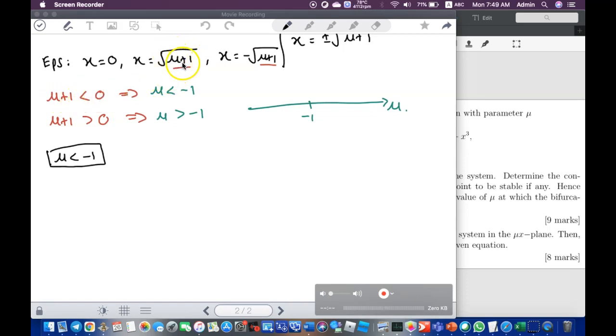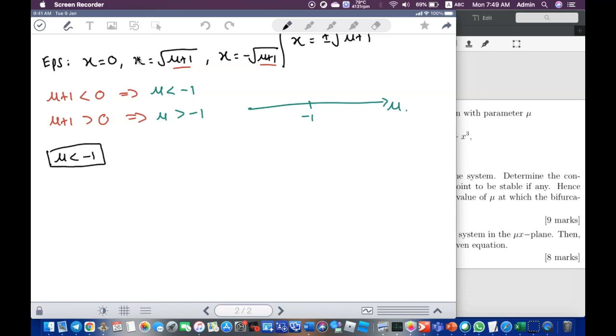So if this one is negative, we will get an imaginary number, which is not real. So meaning that for this, our equilibrium point is just x equal to 0. Whether you call it fixed point or equilibrium point is up to you. So our fixed point or equilibrium point is just x equal to 0.